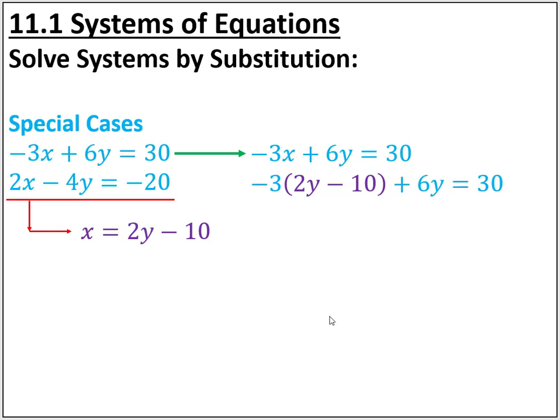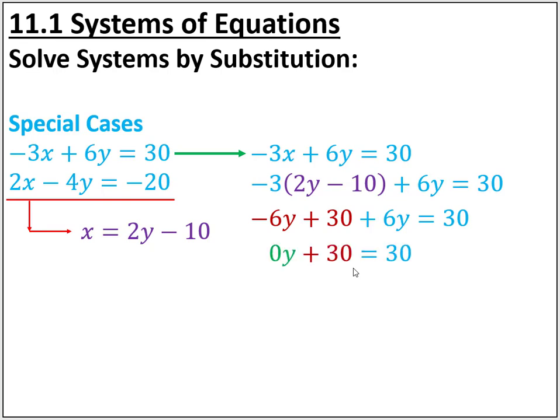Just like in the previous examples, I'm going to distribute the negative 3 to the 2y and the minus 10. When I did that, I get negative 6y plus 30. After distributing, I'm going to combine the negative 6y and the positive 6y.